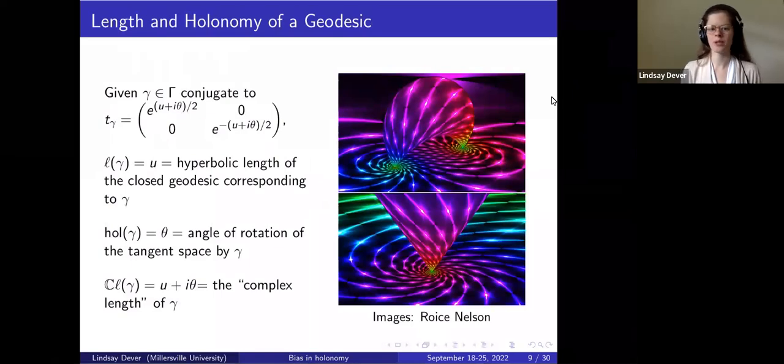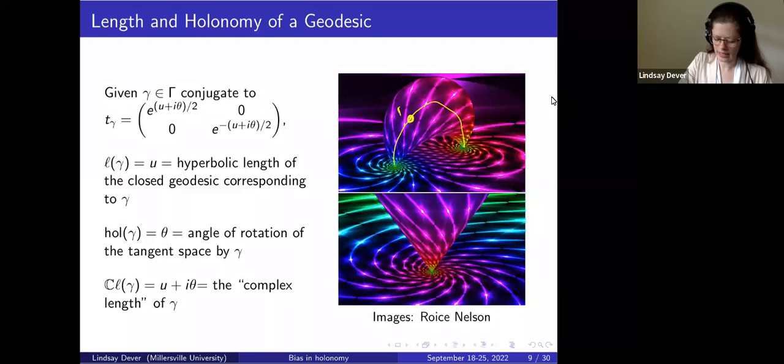Okay, so if we have one of these isometries, it turns out that it will leave a single geodesic invariant. So I'm just going to draw that onto this picture. So we're thinking about what these isometries do geometrically.